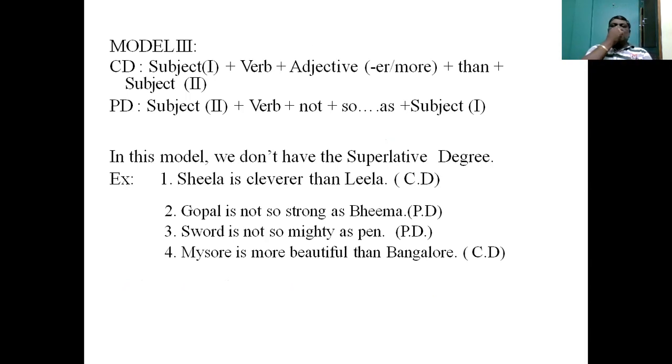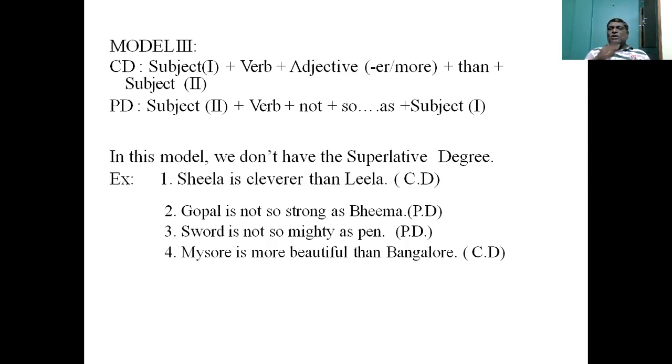Sheila is cleverer than Leela. How many people are present here? Only two people: Sheila and Leela. The moment we talk about only two people, we understand that there can't be a superlative degree.